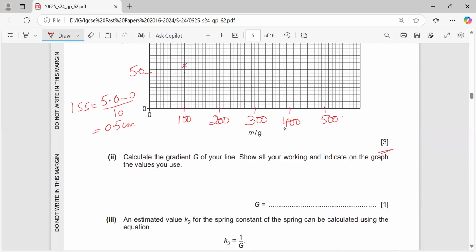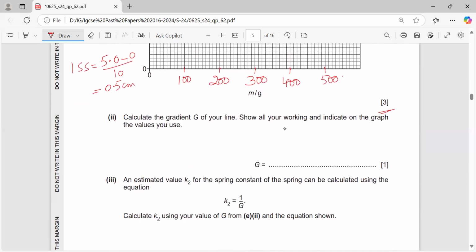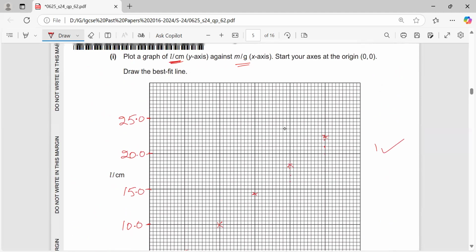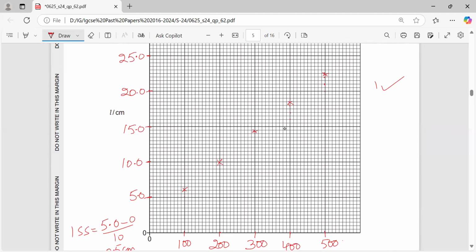Now what we have to do is draw the line of best fit here. I will try my best to draw it.